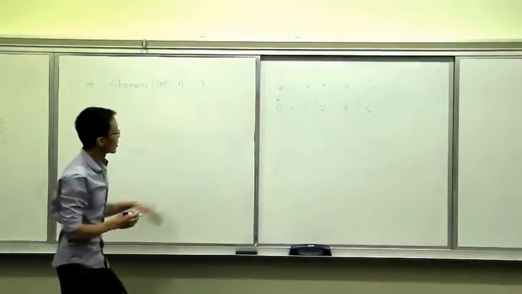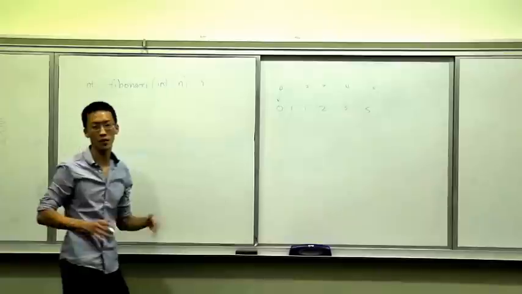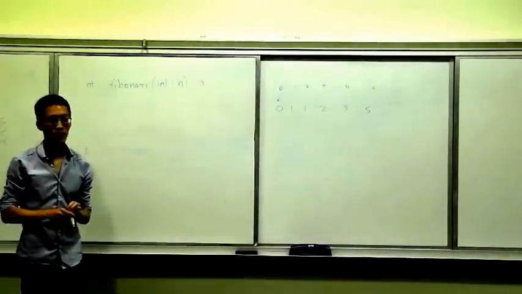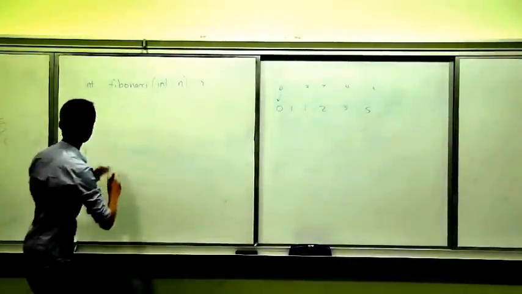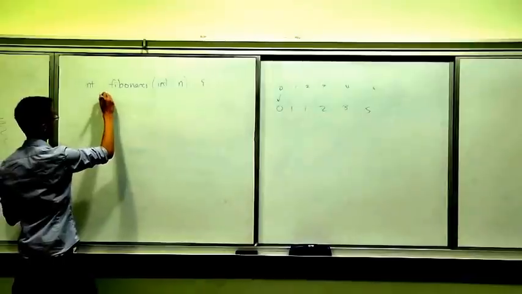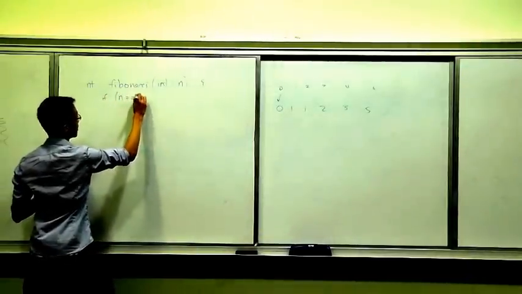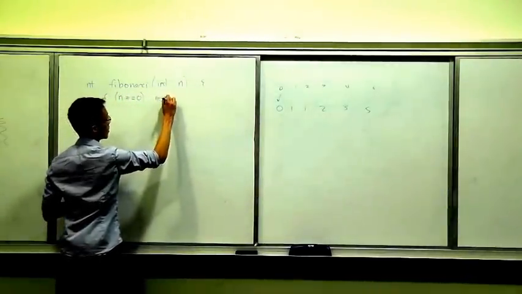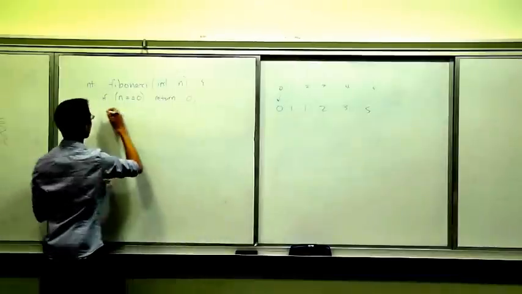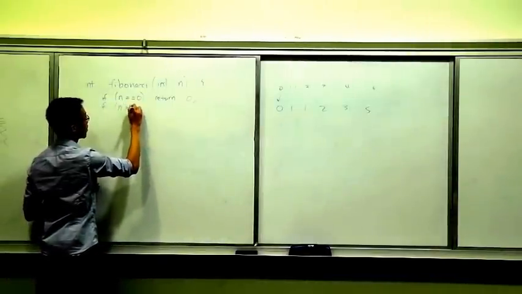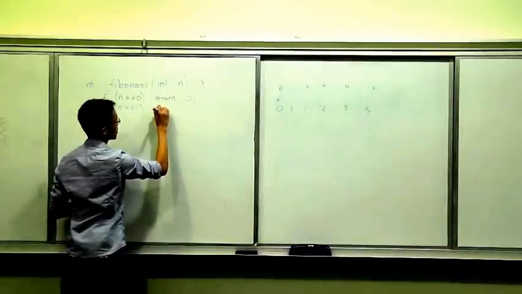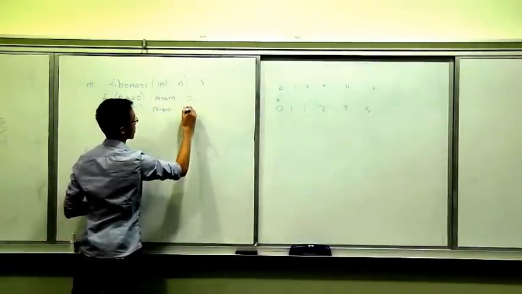Okay? And so given this n, we want to return that Fibonacci number. And the basic idea is that we have a simple case where we know that if n is 0, then we can return 0, and if n is 1, then we can return 1. And otherwise, Fibonacci is just the sum of the previous two Fibonacci numbers.